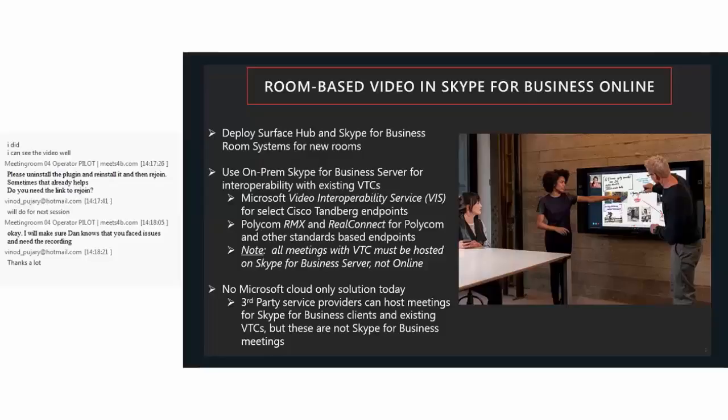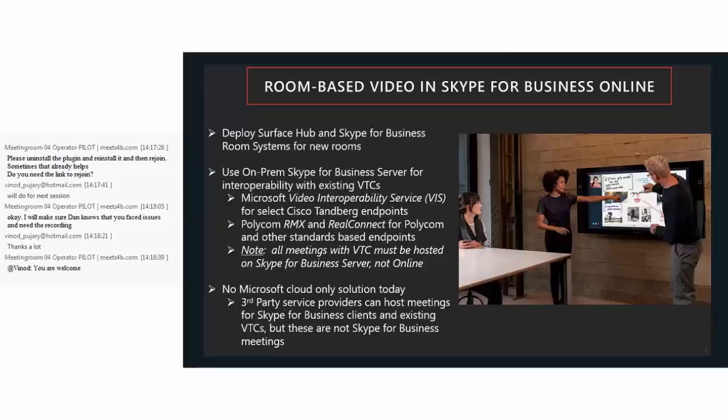For example, we have in Skype for Business Server the so-called Video Interoperability Service, a server role, that you can enable to work with some selected Cisco endpoints.